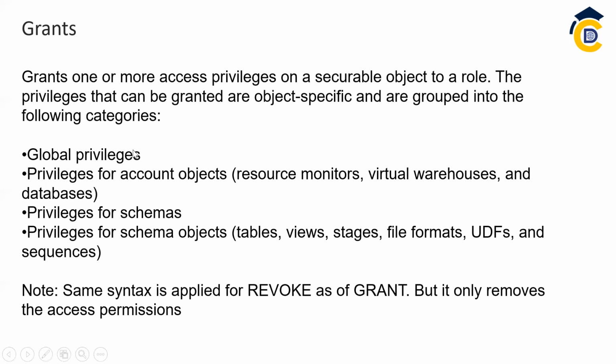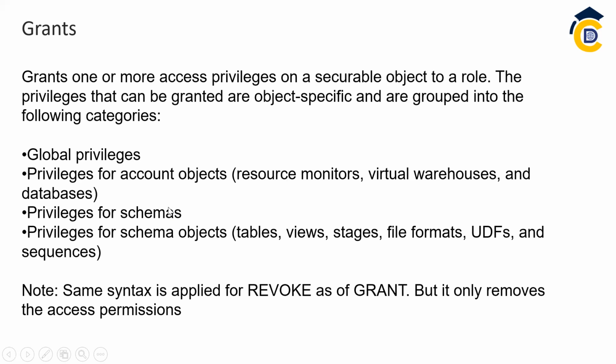So you have different categories: global privileges, then privileges for account objects. Global privileges are nothing but privileges on the account level. Okay, then you have privileges for account objects. So what all comes at the account level: monitors, virtual warehouses, databases, etc. Correct. Then you will have privileges on schemas.